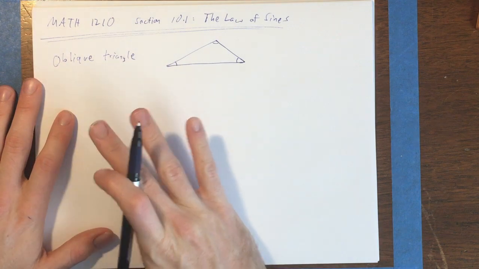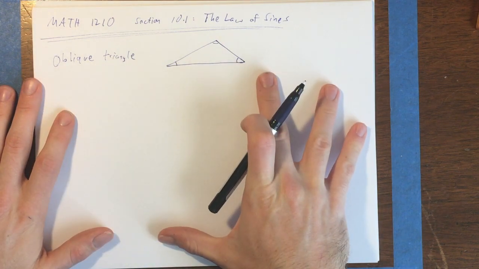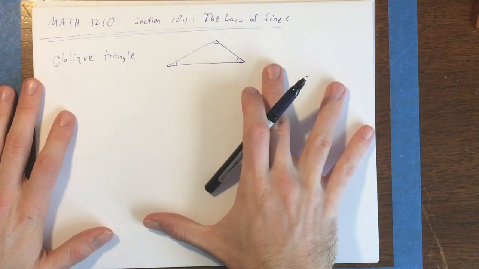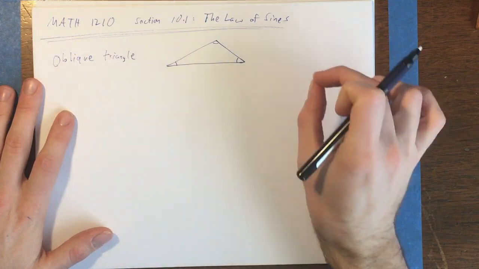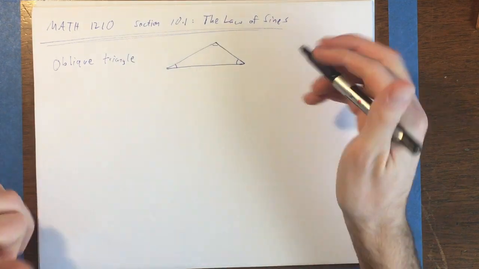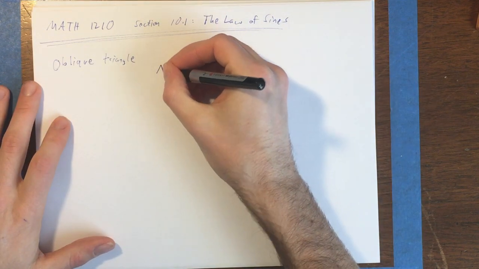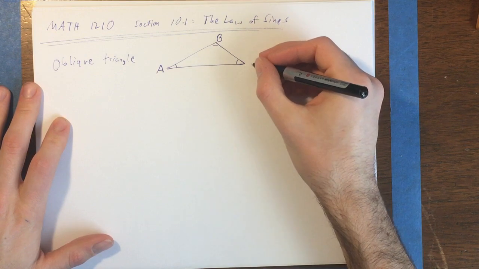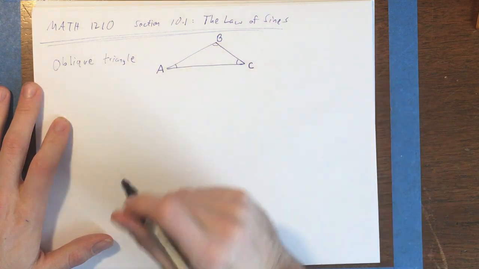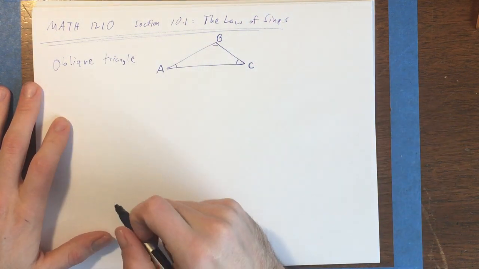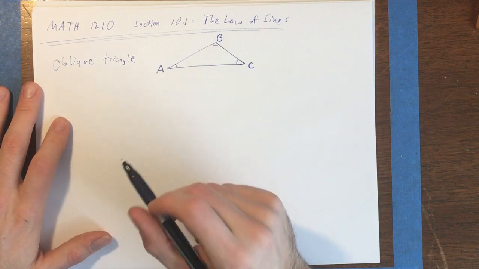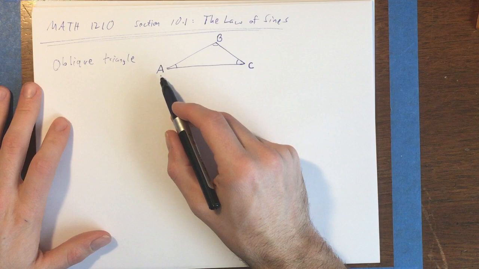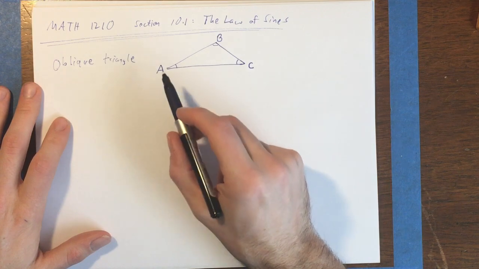So in our study of oblique triangles, we are going to establish a standard labeling of the angles and the sides. The angles are going to be labeled A, B, C, and it doesn't really matter what order they go in around the triangle, but we're going to use capital letters A, B, C to represent the values of those angles. And then the lengths of the sides are going to be represented by lowercase a, b, c.